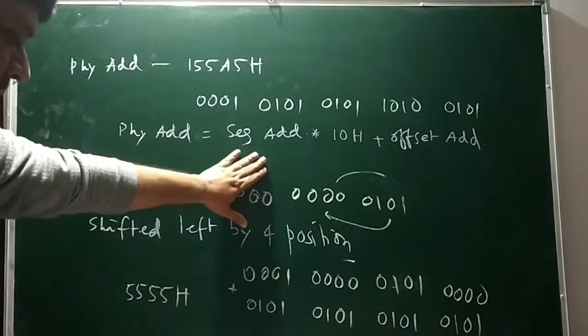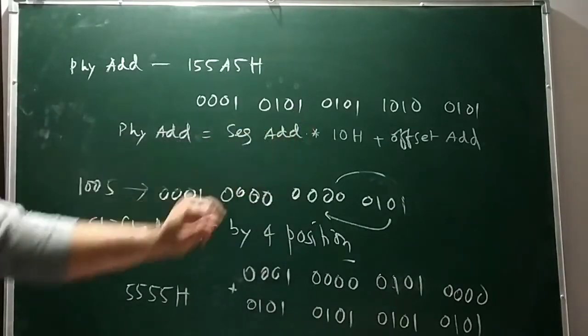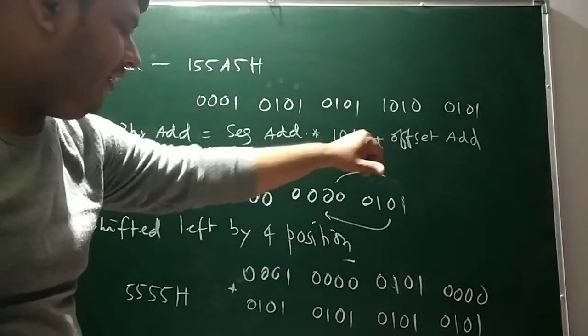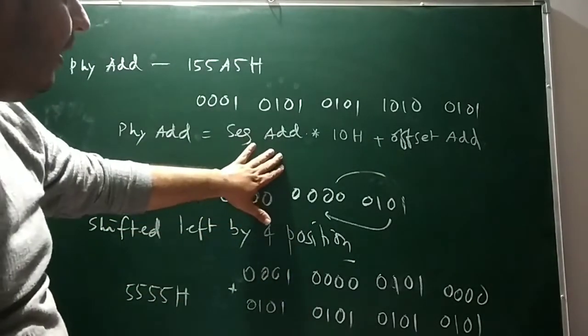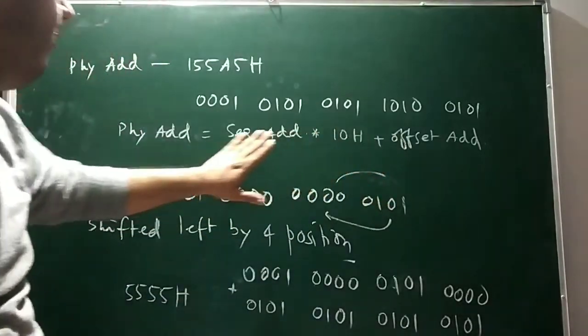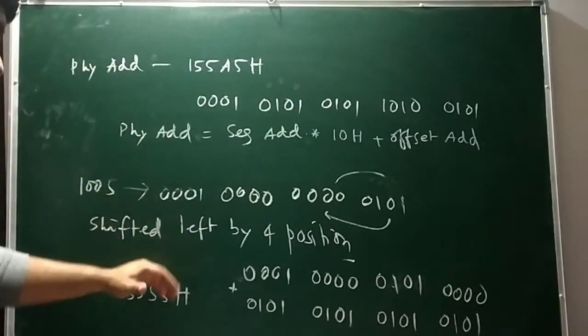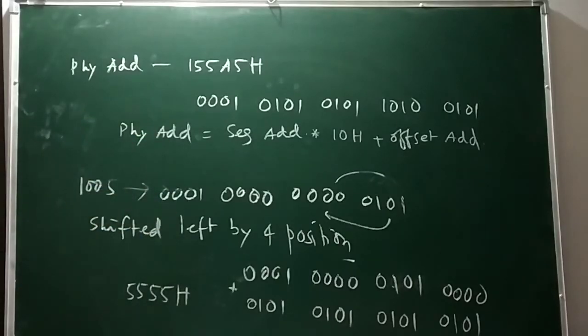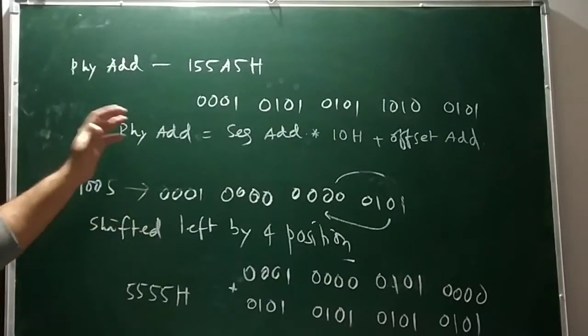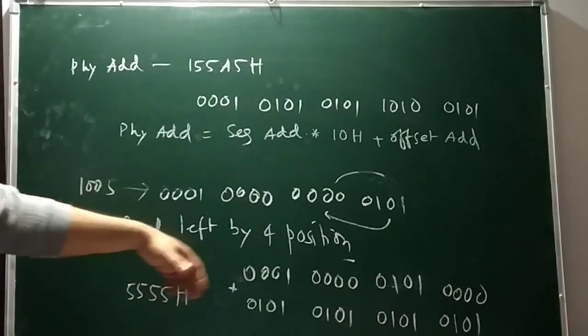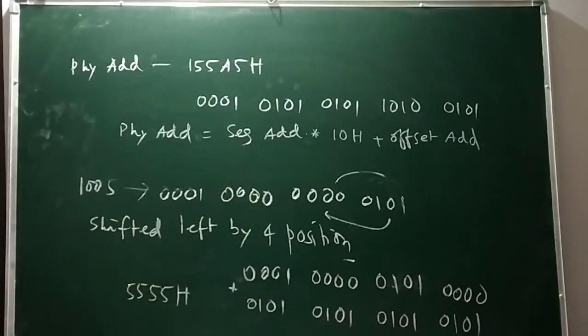If you know the segment address, multiply it by 10H plus offset address. So segment address into 10H plus offset address, you will get the physical address. Fine. So this is how we can calculate the physical address. Any physical address can be calculated by this method.